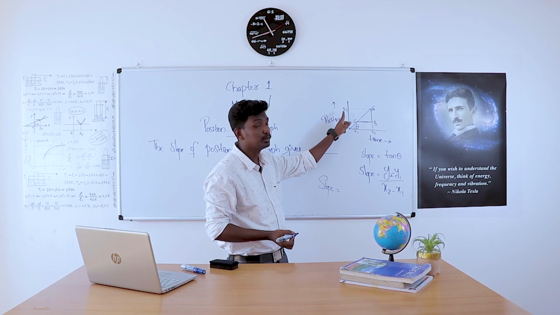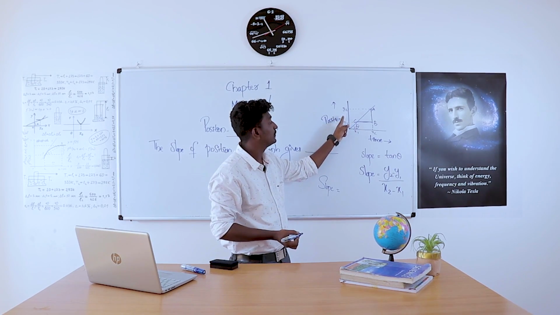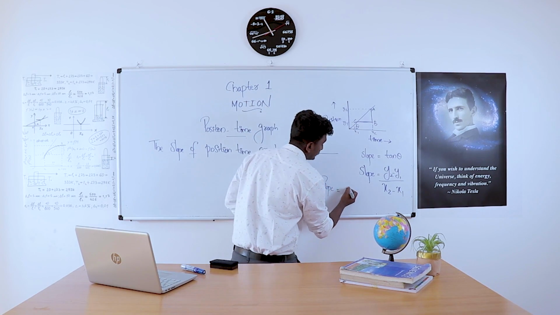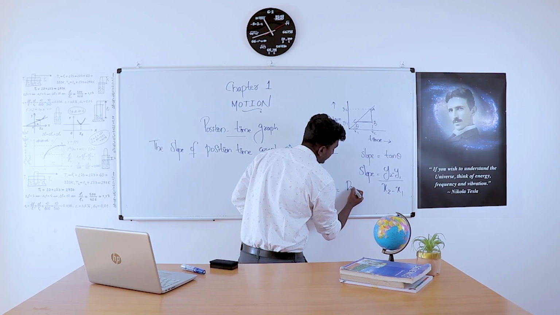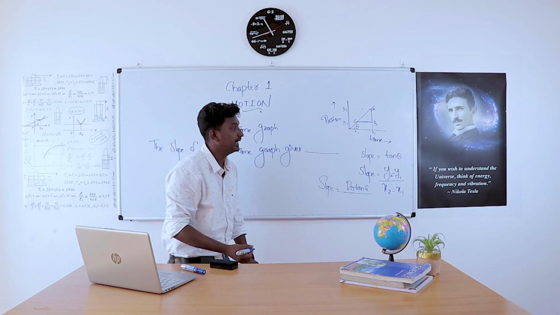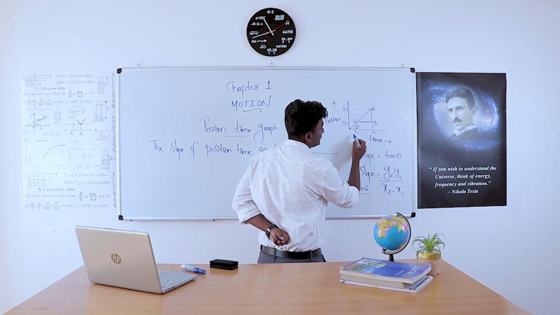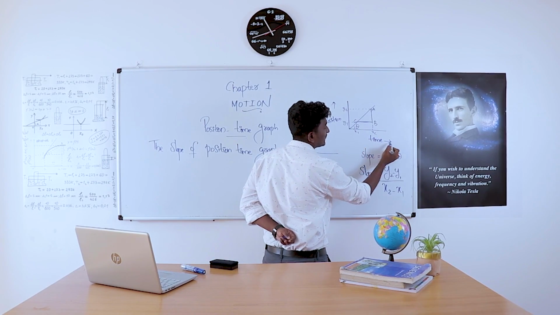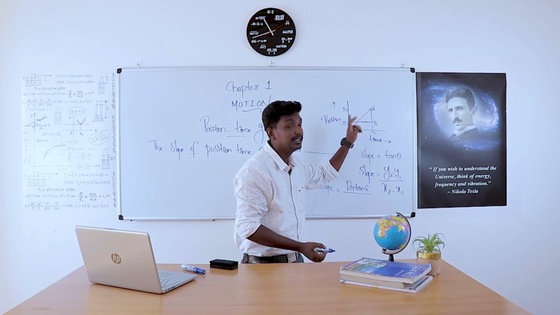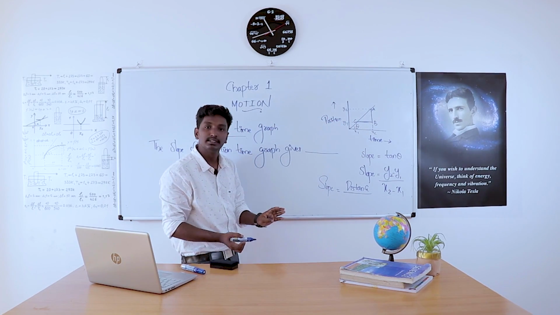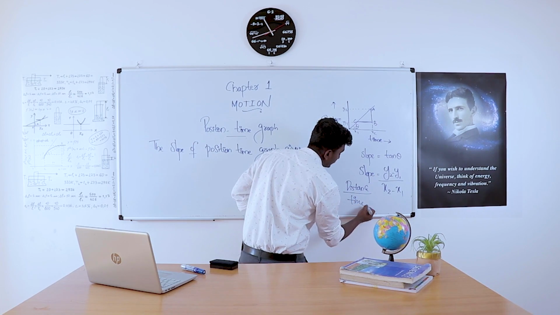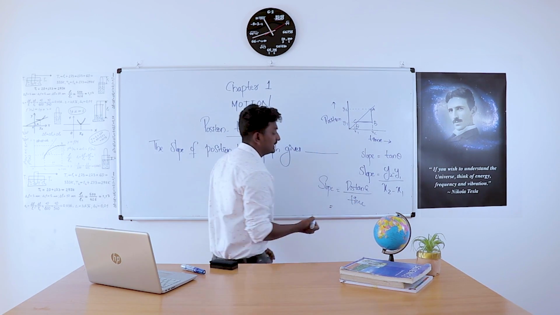We are representing position on the y-axis, so y2 minus y1 will always give us position, simply a distance. x2 and x1 are marked on the time axis, so the difference between x2 and x1 always gives time. Now we get distance by time.